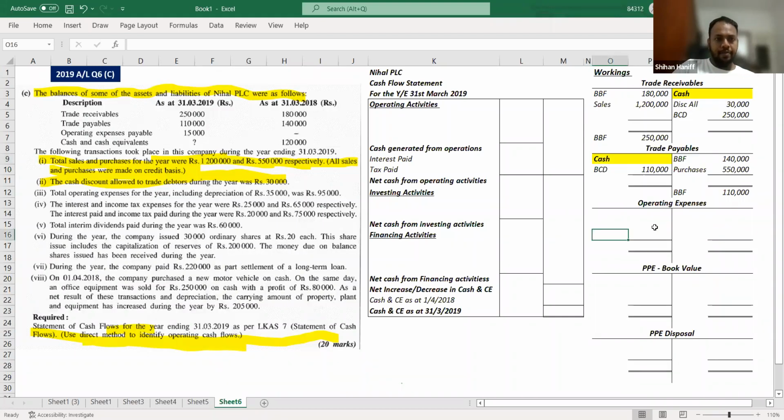Operating expenses, there is no opening balance. I will tell you there is a small thing that you need to know.